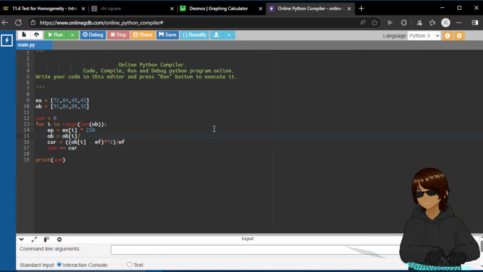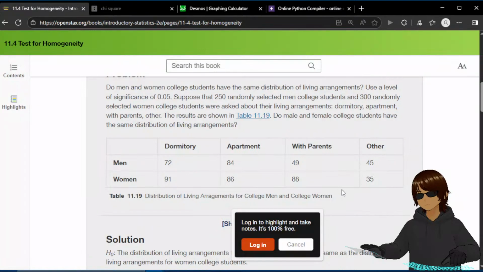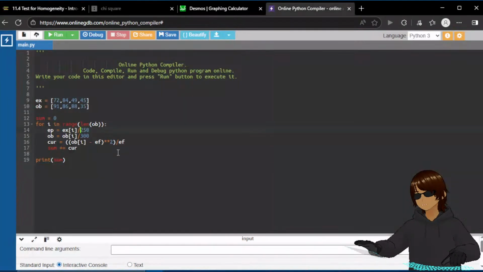Observed divided by 300. I have no clue what I'm doing.